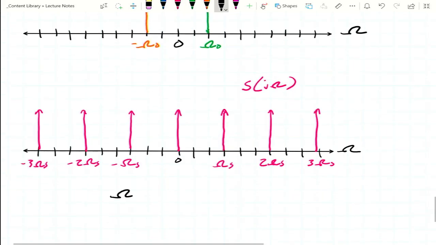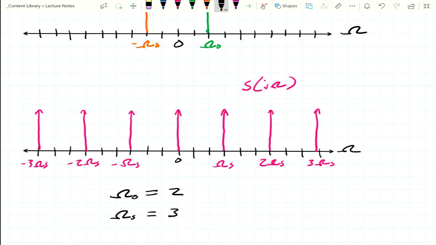So if omega naught here is, let's say, 2, since it's 2 ticks out from 0, and omega sub s is equal to 3, since we're drawing it 3 ticks out from 0, are we going to get aliasing or not?